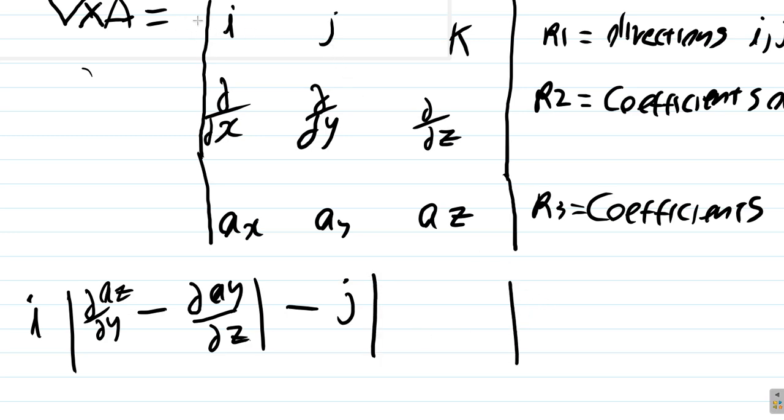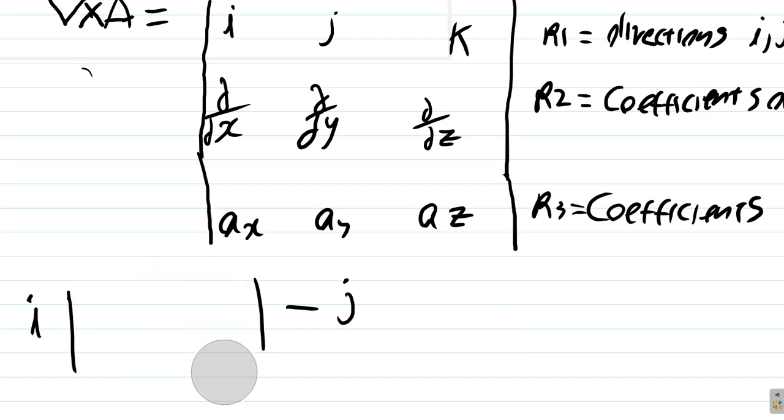So with j you cover the row and column with j, and then you find the 2 by 2 matrix. I really shouldn't write it like this, I'm skipping over the steps, but let me rewrite it. This would be partial by partial y, partial by partial z, Ay, Az.